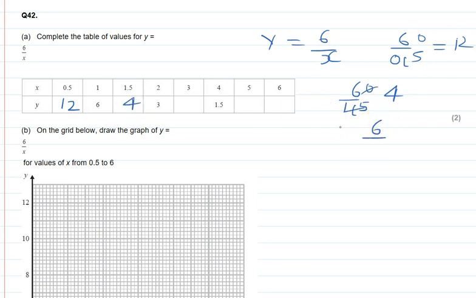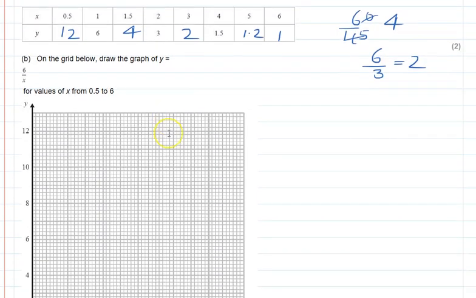Now 6 divided by 3, so it will be 2. Okay, so it is 12, 4, 2. This will be 1.2 and this will be 1, and we can plot this graph here.